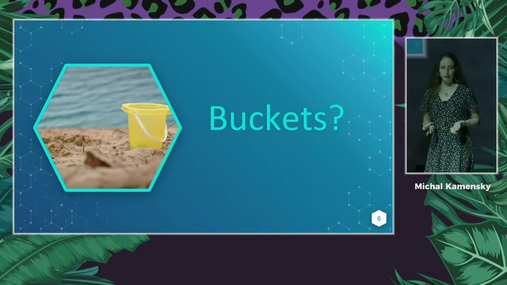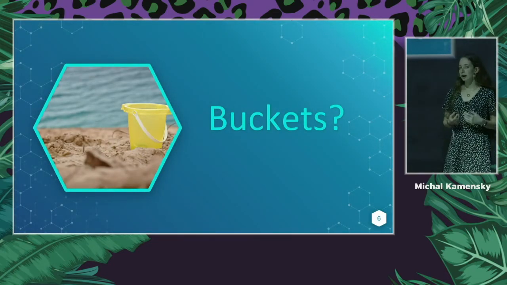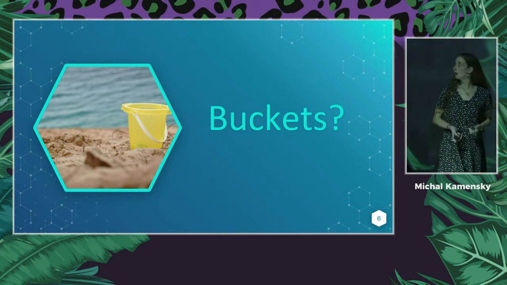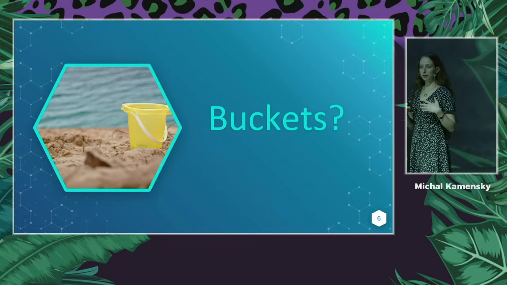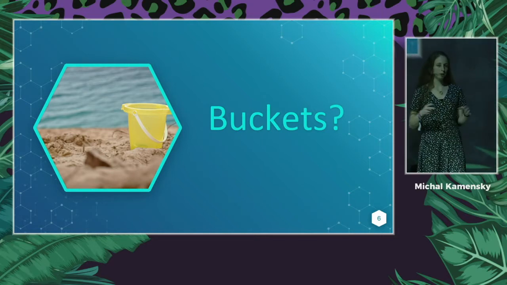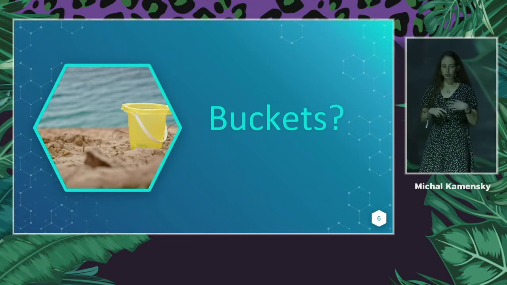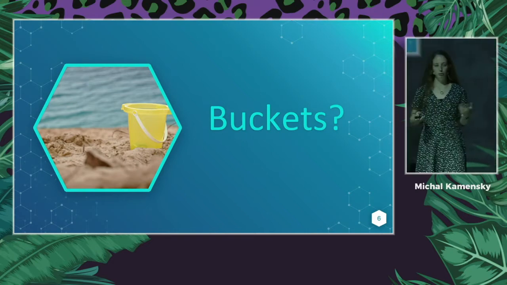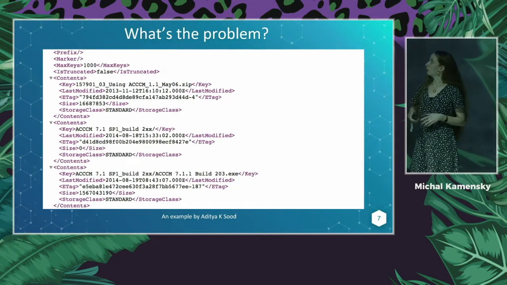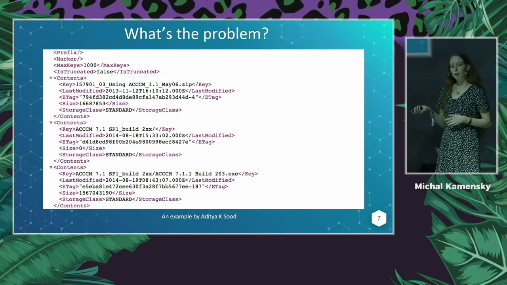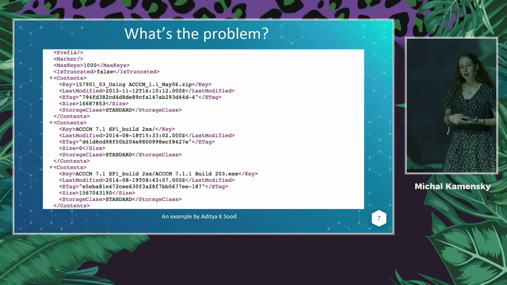So what's a bucket? A bucket is a database that is stored in the cloud. And the problem is many companies just misconfigure their buckets and leave them completely open for anyone to access them with just a web browser. So that's what a bucket looks like in the browser. Just a list of files.